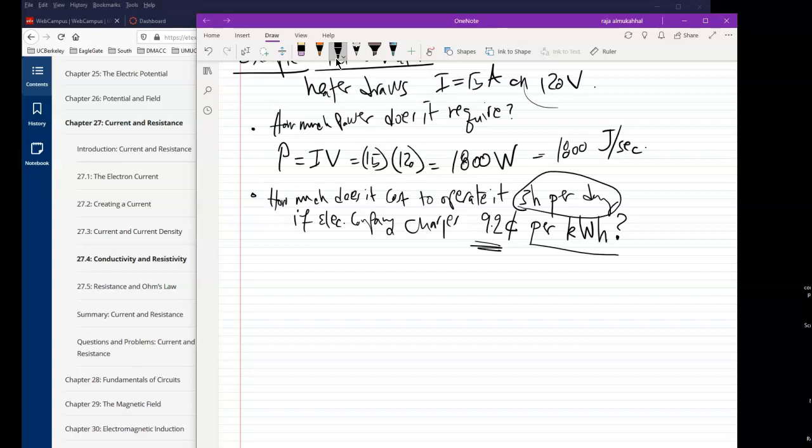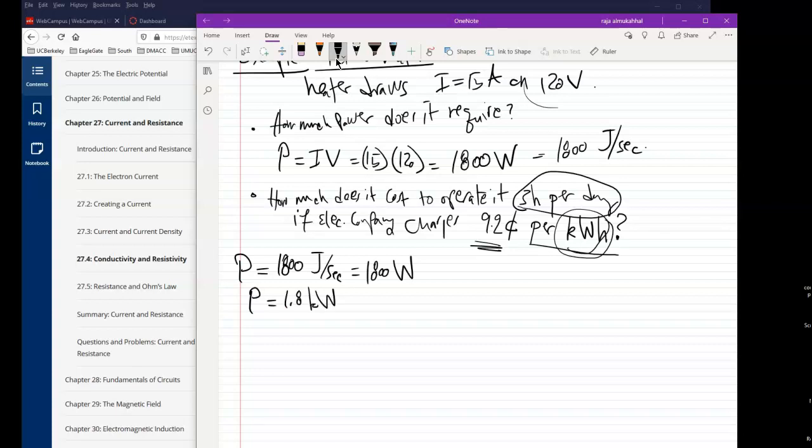We know that the power the heater is using is 1,800 watt. Let's convert it to kilowatt, because I want to match the kilowatt hour first. So that would be 1.8 kilowatt. Is that okay so far?